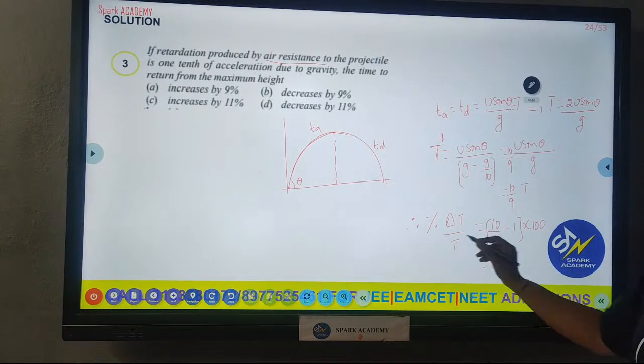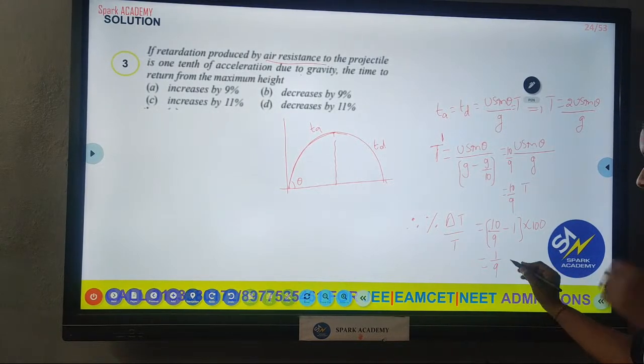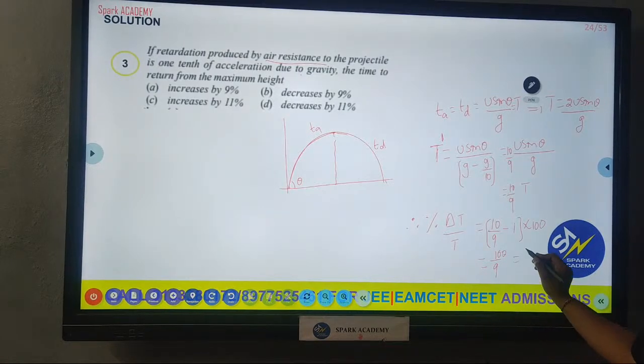When we are taking percentage, we multiply with 100. So 1 by 9 into 100 is 100 by 9, which is equal to 11.1 something. So it is taken as 11%.